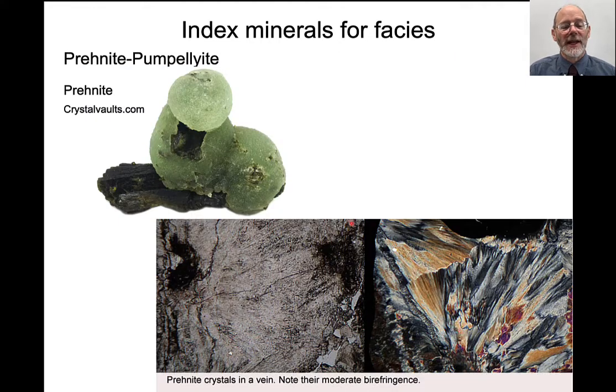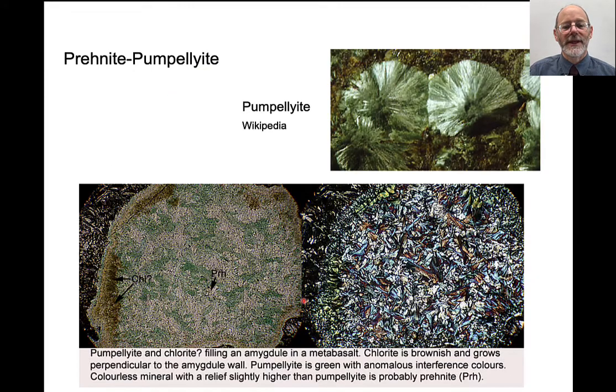Prehnite and pumpellyite. Here's a nice image of prehnite. Here's what it looks like in thin section. And here's pumpellyite, which typically has these radiating sprays. Here, this is a vesicle that has been filled in with prehnite and pumpellyite. Pumpellyite is this green mineral, and prehnite is the less colored mineral in here.